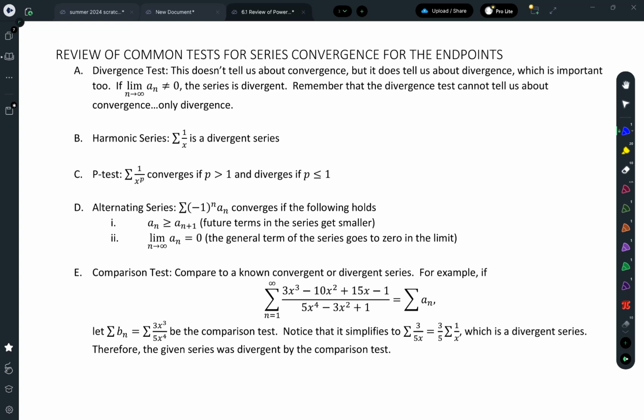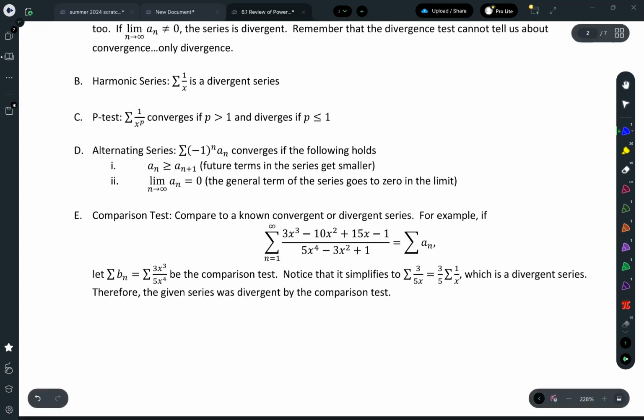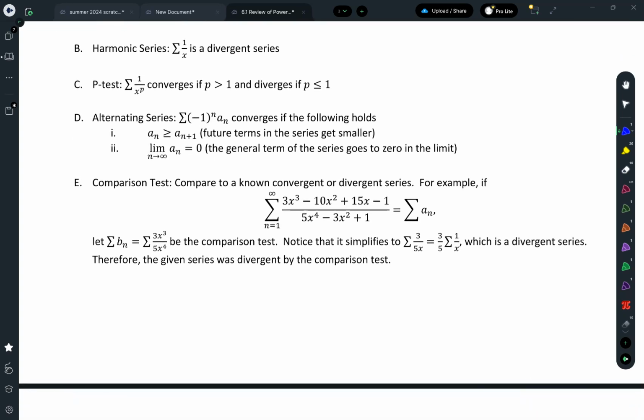Now then there's the comparison test, which doesn't show up quite as much, but we want to review it. This is when we compare to a known convergent or divergent series.